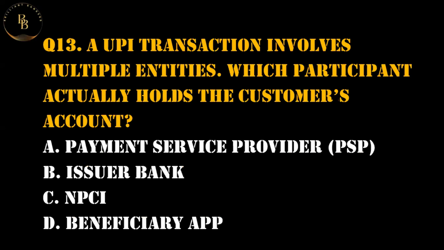Is it the NPCI or the beneficiary app? So the account is held at a bank. So the right answer is option B, issuer bank. It maintains the customer's actual account. PSPs and NPCI only facilitate routing and authentication.